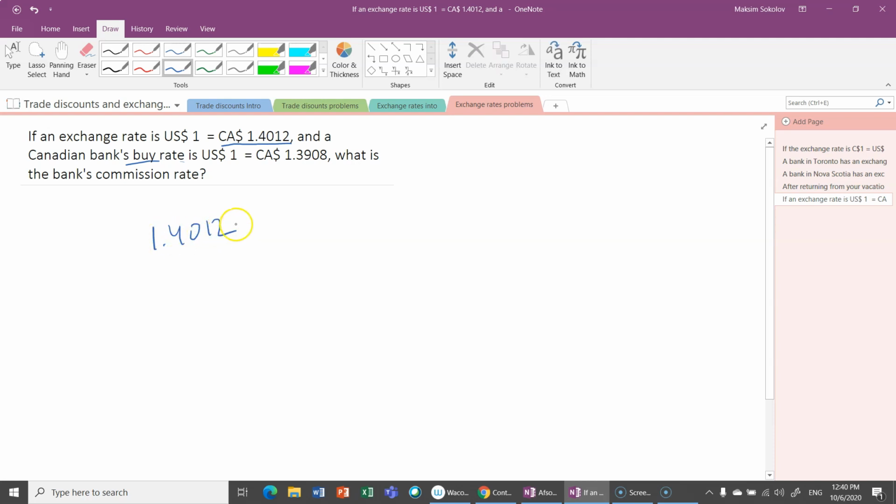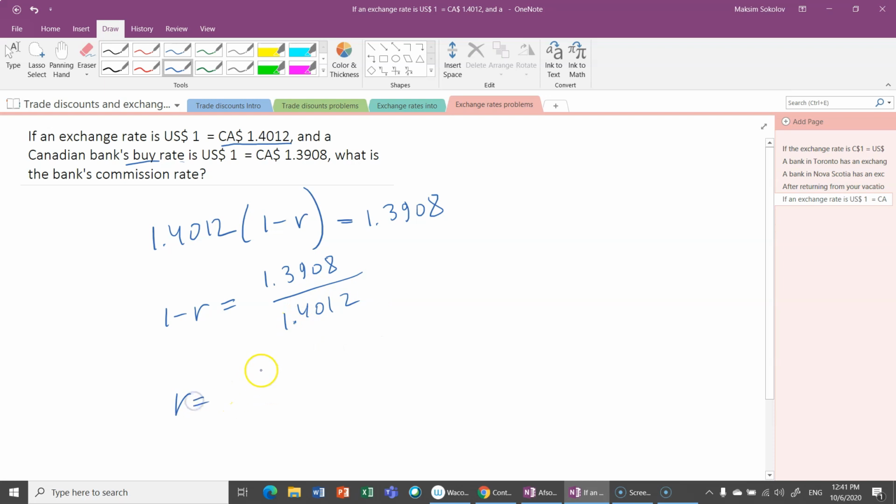So we take that 1.4012, subtract the commission rate, which we don't know, and we're supposed to be receiving that buy rate, which is 1.3908. Right? So now we need to find R. So 1 minus R is 1.3908 divided by 1.4012. Finally, R is 1 minus 1.3908 divided by 1.4012.